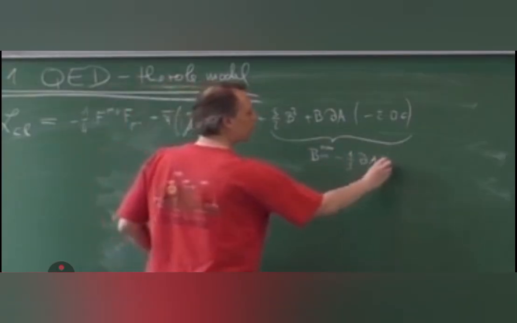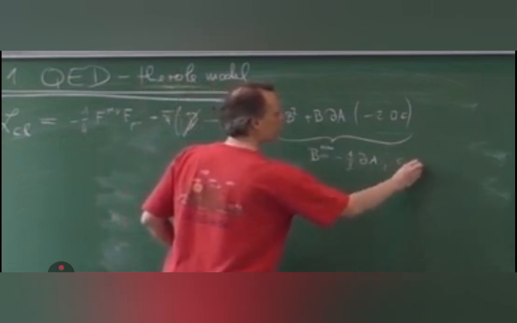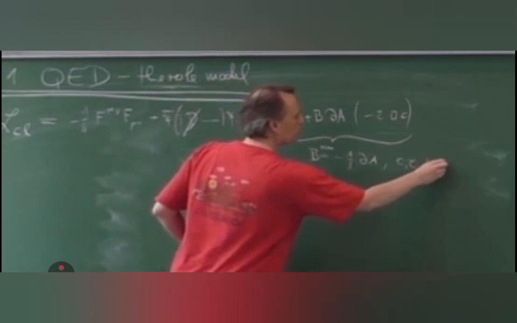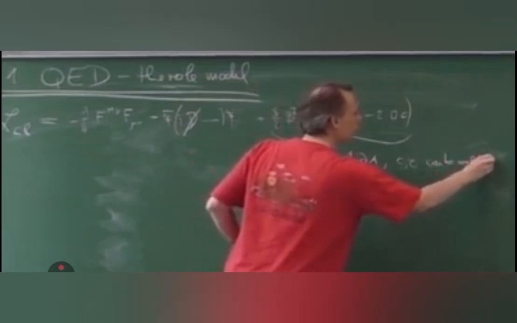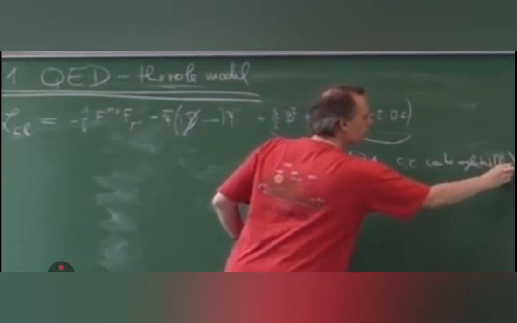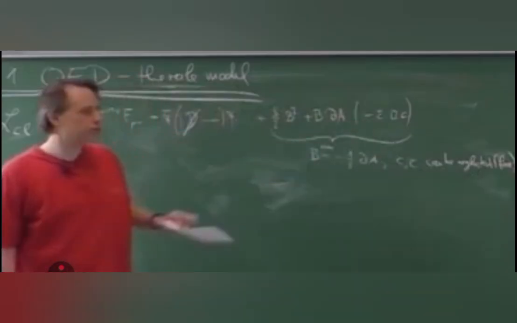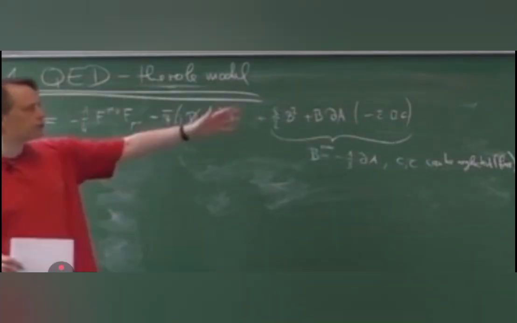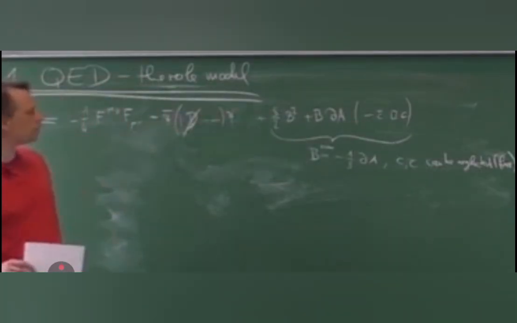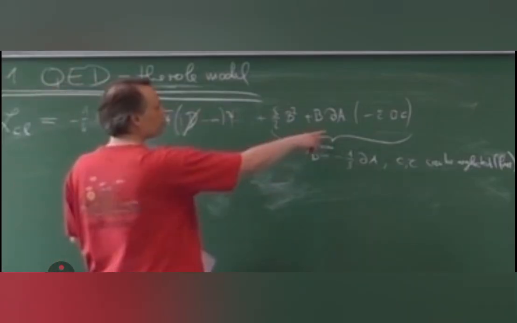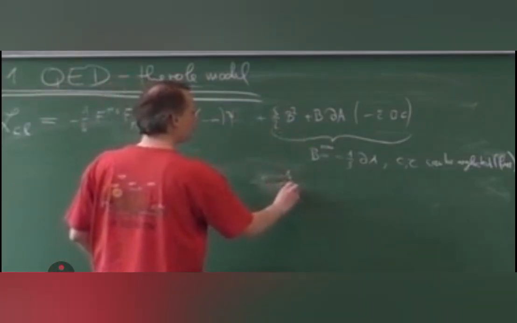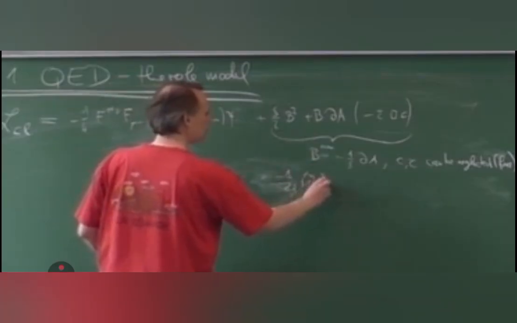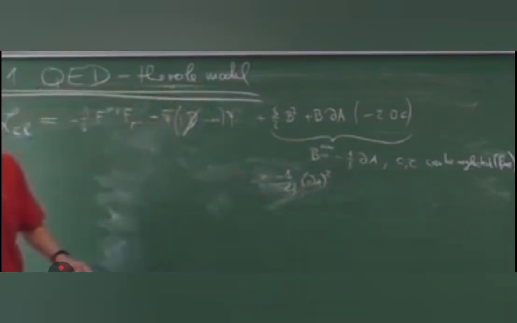The ghost and anti-ghost can be neglected because they are non-interacting. This is just a free ghost field which interacts with nothing. Therefore, we can drop it from the Lagrangian, and then this becomes simply equal to minus 1/(2ξ) (∂_μ A^μ)², which is the usual ξ-dependent gauge fixing term for QED.